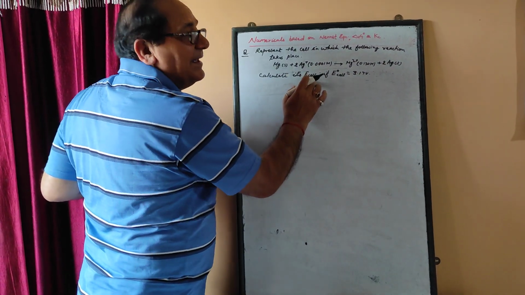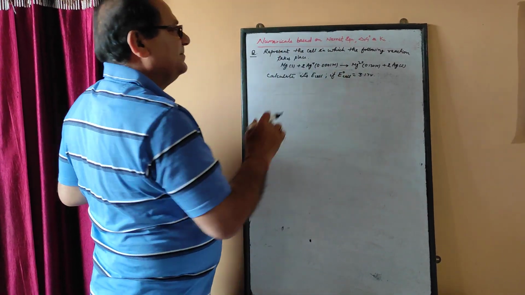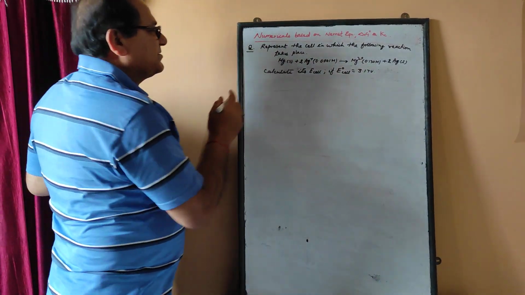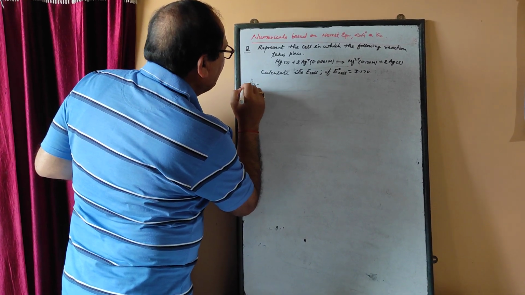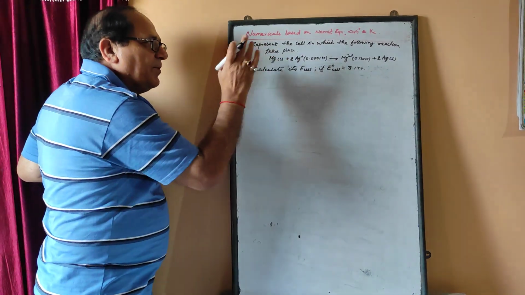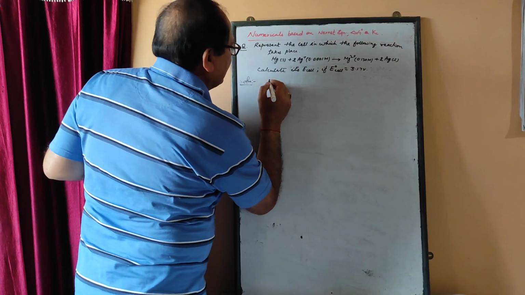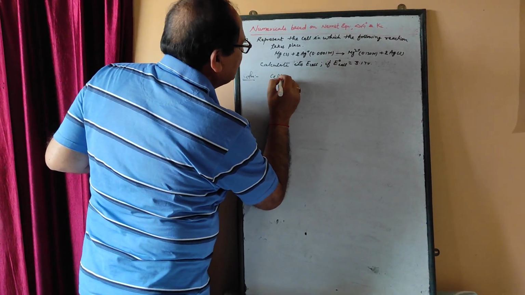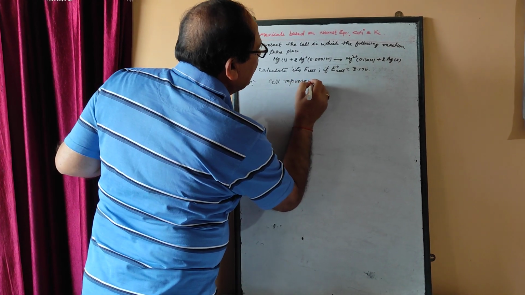Calculate its EMF, E cell, if E naught cell is equal to this. First, we have to represent this cell reaction as a cell representation.